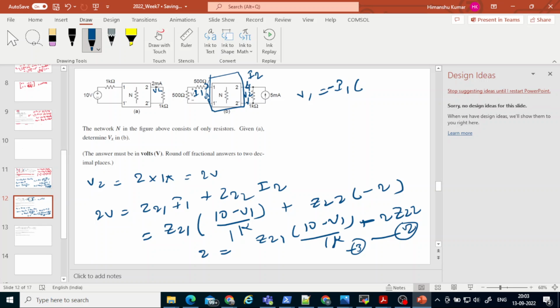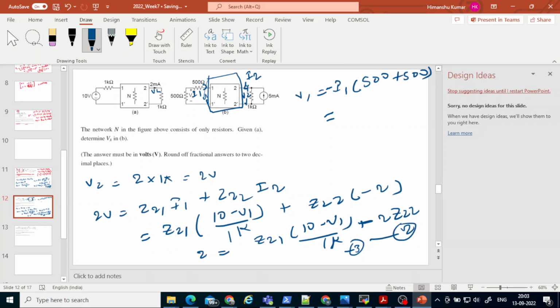So I1 times 500 plus 500. So I1 we can say is equal to minus V1 by 1k. So this is our fourth equation.